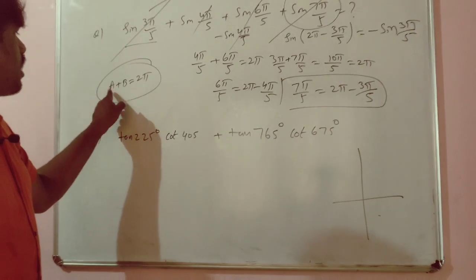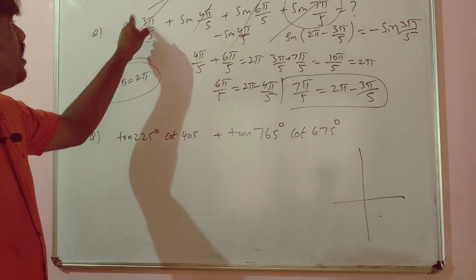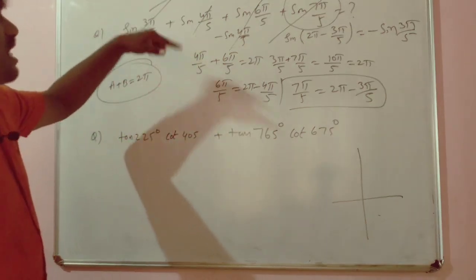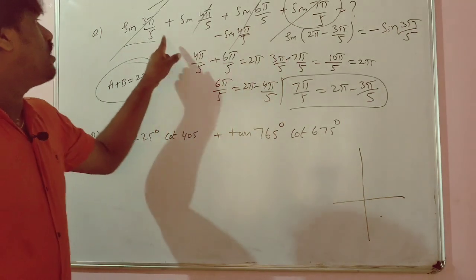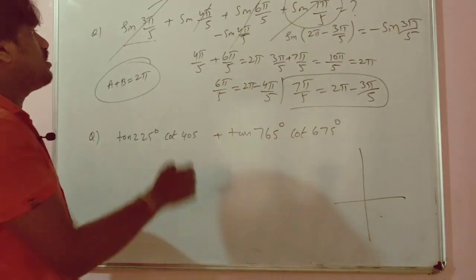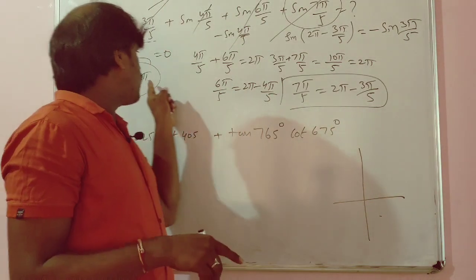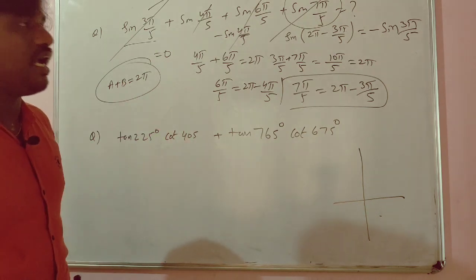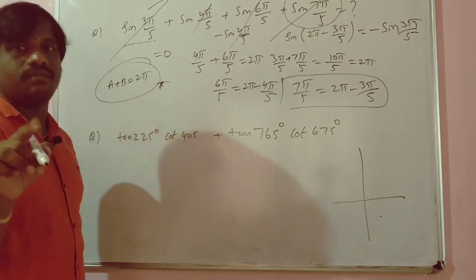You can see these terms are cancelled, the ones making 2 pi, so the answer will be 0. This is also a technique. Remember this point that I am highlighting, it is important.